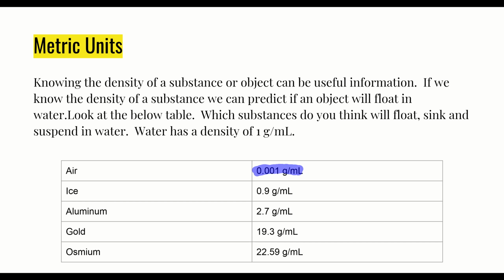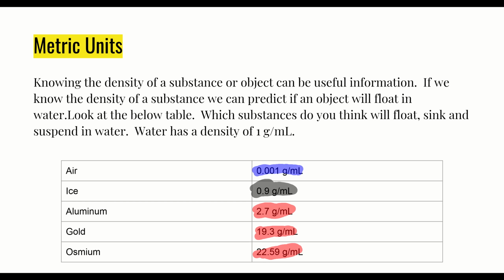Okay, now looking at the rest of these, we see that we have 2.7, 19.3, and 22.59 grams per milliliter. These are all well above 1 gram per milliliter, which is the density of water, which means if it's greater than 1, especially by a large amount, it's going to sink. So I'm just going to highlight these in red, saying, okay, these are going to sink.